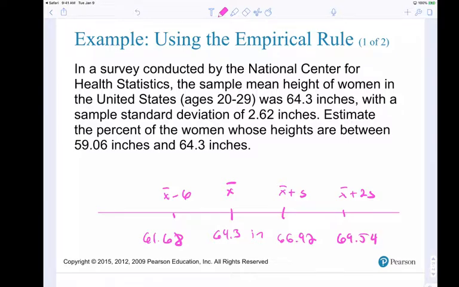Hey Siri, what's 61.68 minus 2.62? 61.68 minus 2.62 is 59.06.